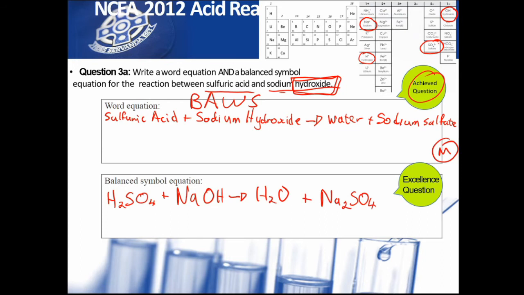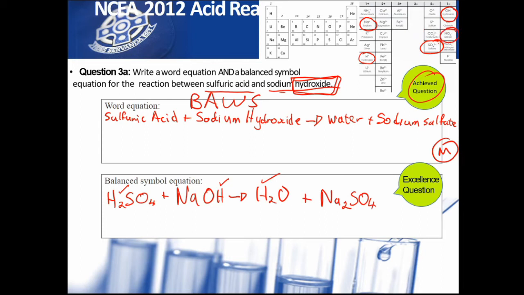Now we're going for excellence, to balance this. So, hydrogen, how many on this side? 1 and 2. And how many on this side? There's 2. Yay! Now, oxygen. Remember I told you that your sulfate, just like your carbonate and your nitrate, always stay together.